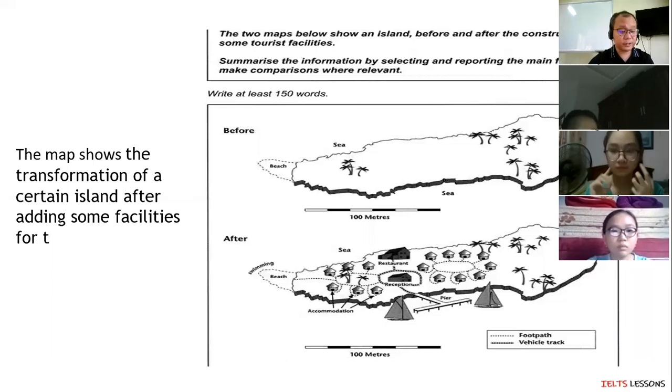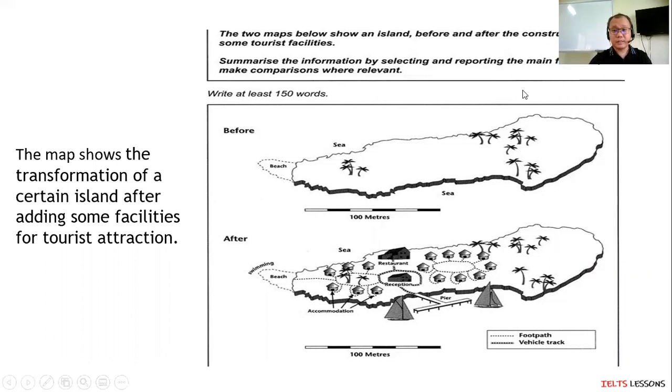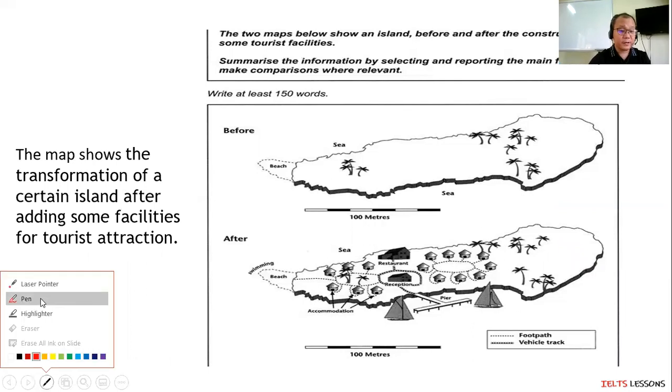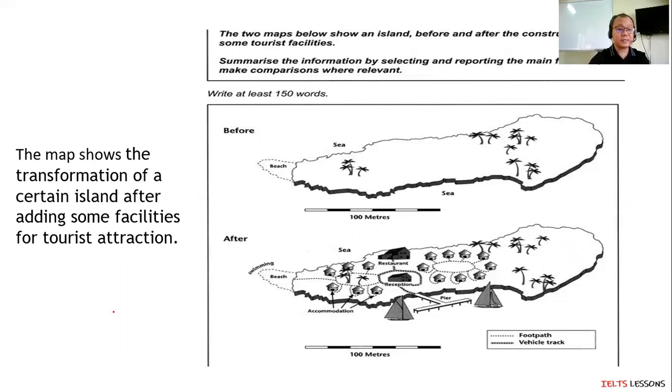Here, as you can see, we check the graph. First, again, the introduction says the map shows the transformation of a certain island after adding some facilities for tourist attractions. So let us check the synonyms.